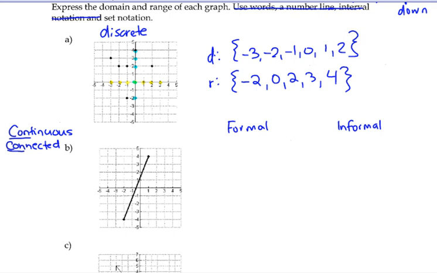Well, if it's continuous, that means our domain and range is going to involve inequality or x ∈ ℝ, y ∈ ℝ. Now, that might not mean anything to you yet. Please write it down, and then we will explain what that means in a moment. So as long as it's continuous, our answer is going to involve either inequality, just like what we reviewed, or it's going to involve x ∈ ℝ or y ∈ ℝ.